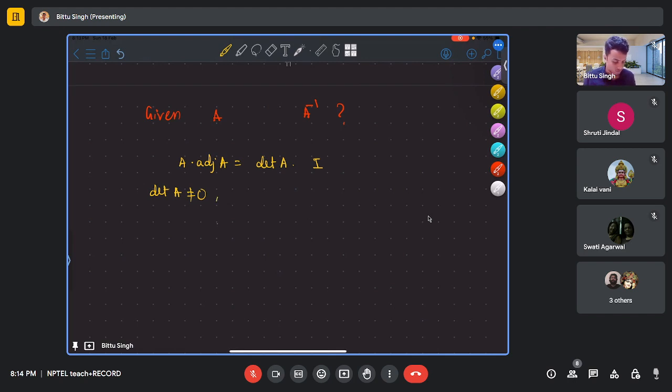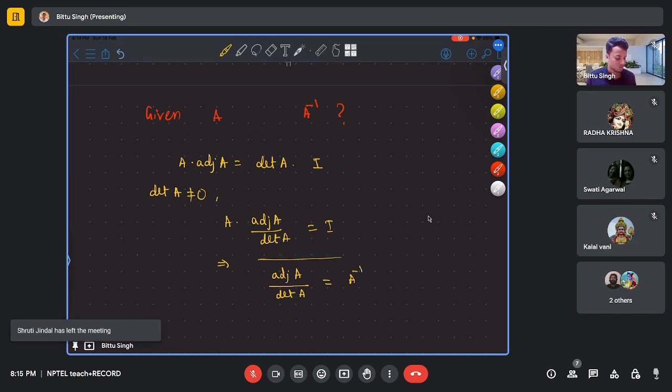This gives A times adjoint A by det A is I. Now multiply by A inverse on both sides. Then this gives adjoint of A by determinant of A is the same as A inverse. So this is how we can find A inverse. Instead of row reduction, we can use this formula also.